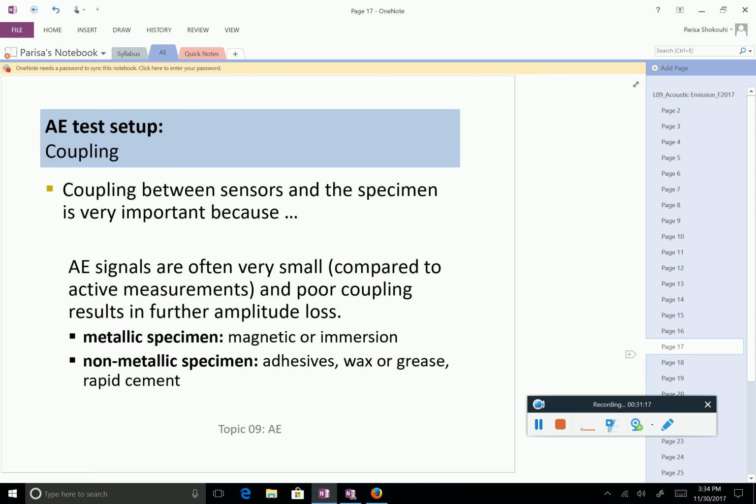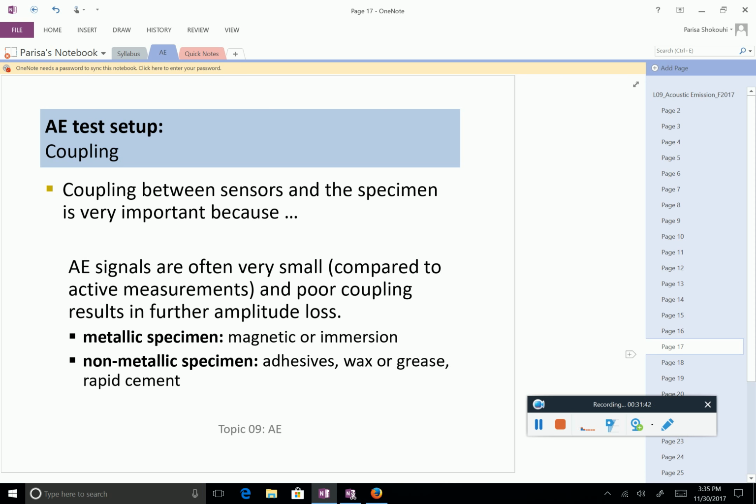Another thing which is very important for acoustic emission is the coupling. Some of you are familiar with everything, some of you maybe it's the first time. For metallic structures, what I've seen is we normally use magnets. That's kind of the preferred way. The problem is that if the coupling is not good, you're going to lose a lot of energy, and acoustic emission events are small enough.